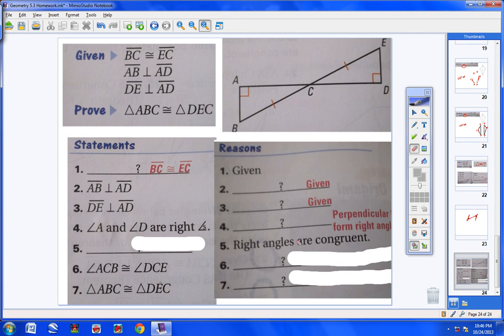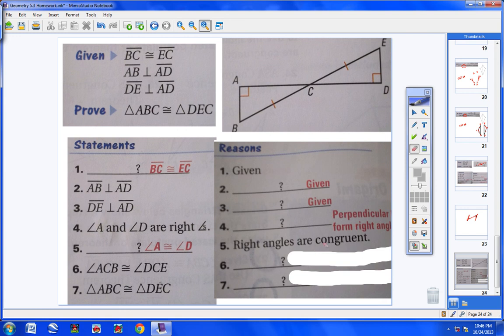We took our 2 right angles, A and D, and we said angle A is congruent to angle D. And how did I know that? Because what did I just say in step 4 angles A and D were? They're right angles. And don't we have a theorem or a postulate or corollary that states right angles are congruent? Yes, we do. We learned that probably months back.